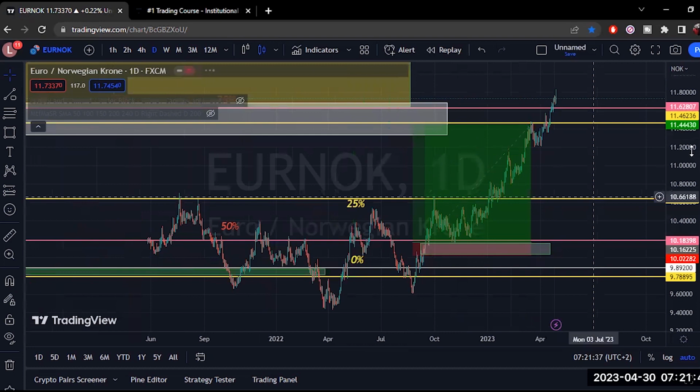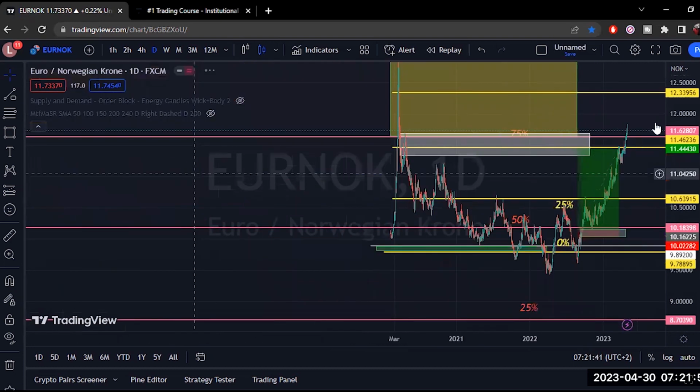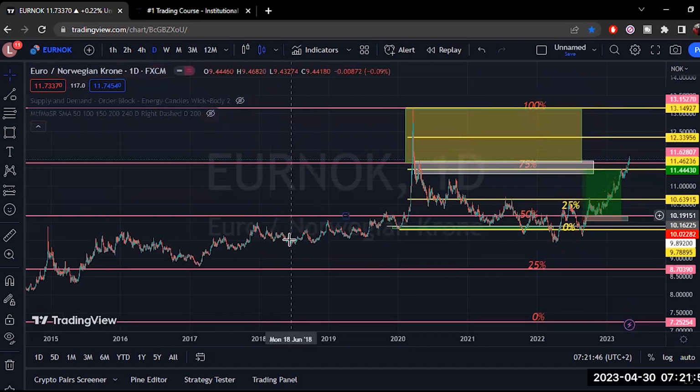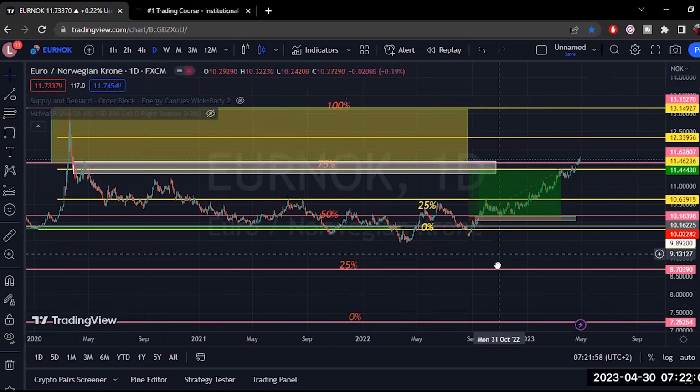For those of you who are confused, the pink lines are what we call a higher time frame supply and demand curve. This is not support and resistance. This is a higher time frame supply and demand curve, probably drawn on the monthly chart, if I stick to how I do things, or rather I do what I teach.